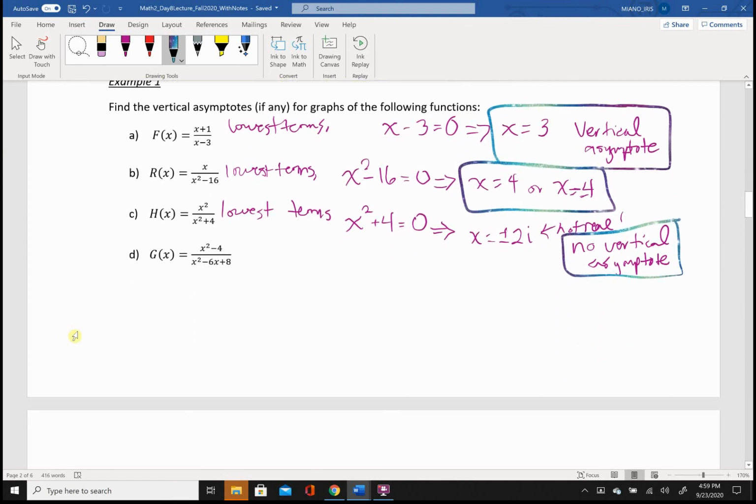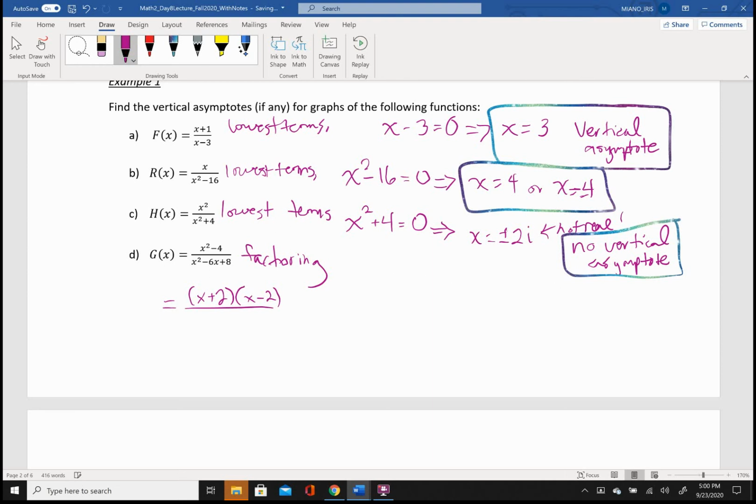Now, this is where, finally, we're going to have something that is not all the way in lowest terms. You might see right away that there's a common binomial factor that can be canceled, or you might suspect this is the case just because both the numerator and denominator are factorable. So what I would recommend is to factor them. The numerator will factor to x plus 2 times x minus 2, so knowing your difference of squares is going to be real advantageous here.